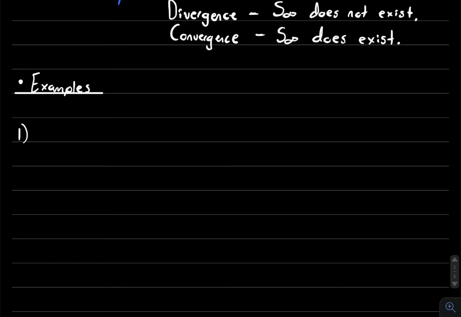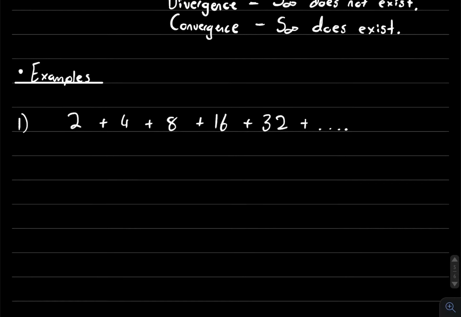So consider this series. Say we have 2 plus 4 plus 8 plus 16 plus 32 and so on. If we want to think about the sum to infinity for this series, what do we have to actually look at?